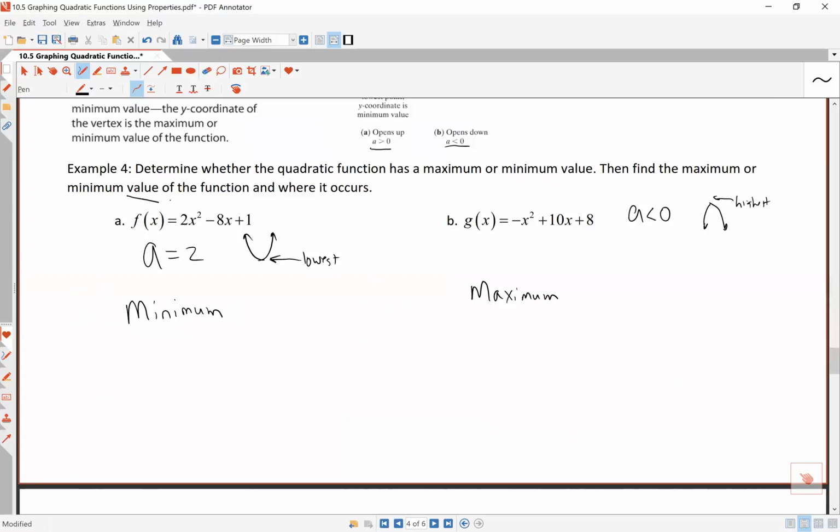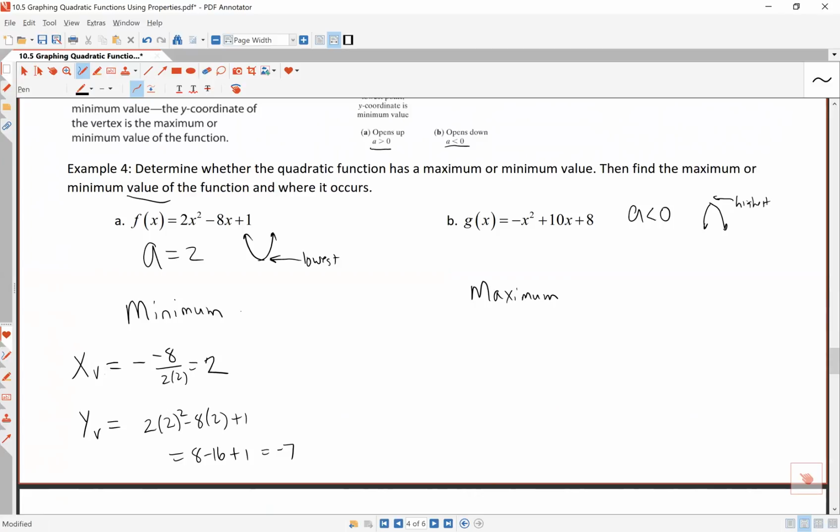To find that value, we have to first figure out where it occurs. The x value of the vertex is negative b over 2 times a, which means it occurs at 2, but the actual minimum value is the y value of the vertex. 2 times 2 squared minus 8 times 2 plus 1. 8 minus 16 is negative 8, plus 1 is negative 7.